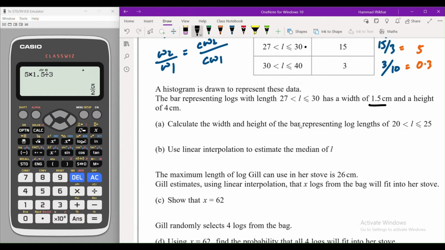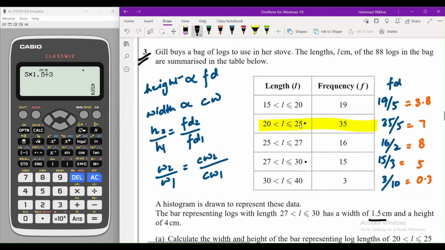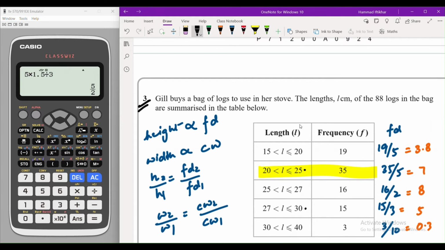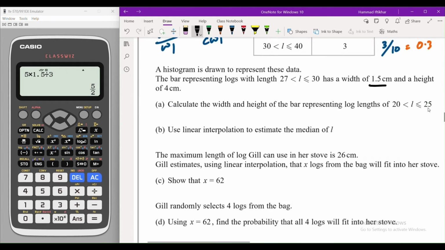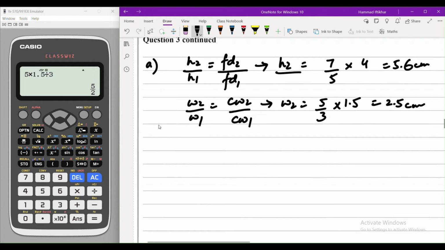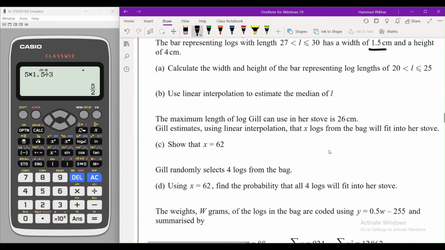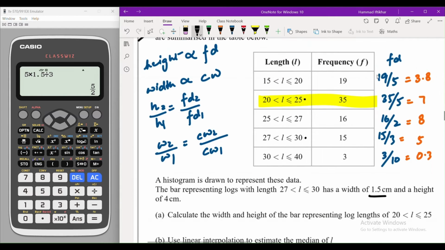Use linear interpolation to estimate the median of L. Okay, so first off, we need to find out where the location is. So 88 divided by 2, 44. So we need to find out in which class it is. Okay, so 44.